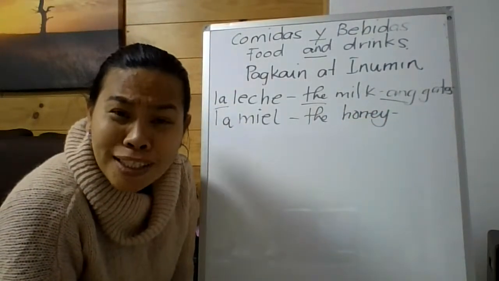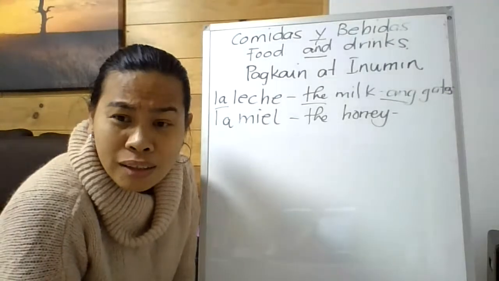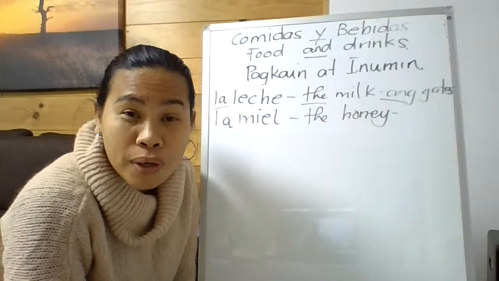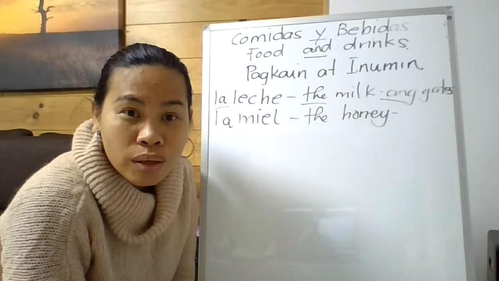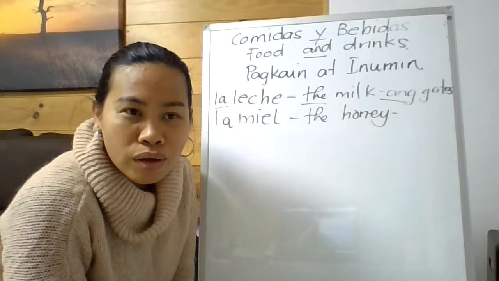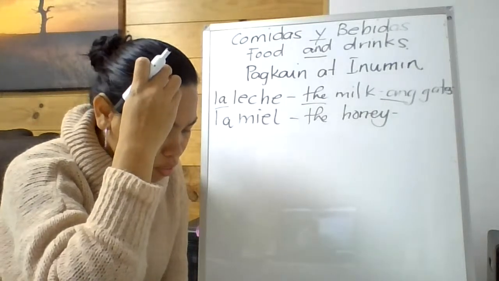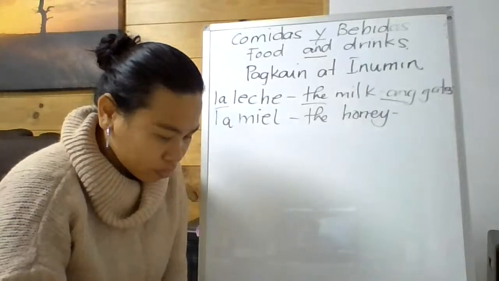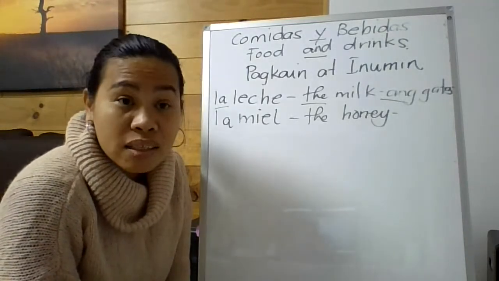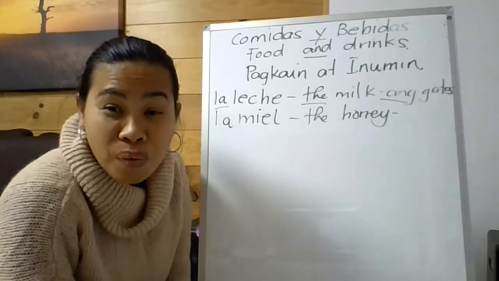Hala, I forgot. What is Tagalog of honey? May Tagalog ba ang honey o honey pa rin? Sa Bisaya kasi tawag namin yan dugos. Pero sa Tagalog nakalimutan ko kung anong Tagalog ng honey. Okay. And then, next. Parang wala po.